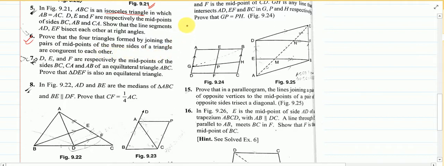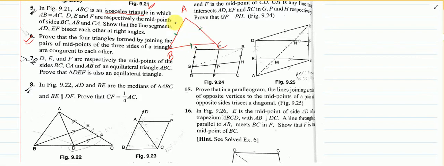So here it's trying to say that, let's say you have one triangle ABC, and let's say midpoint of AB is this, midpoint of AC is this, and midpoint of BC is this.